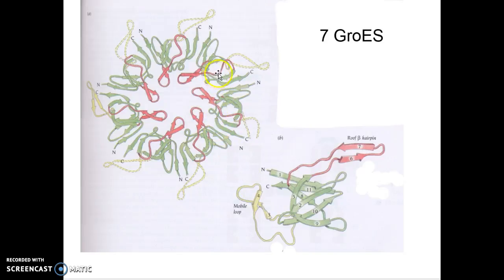They just make a ring type with symmetrical mode. The green one, mostly hydrophobic residues, interacts with GroEL, and the red one is positioned on top of GroEL, covering and closing the cavity.